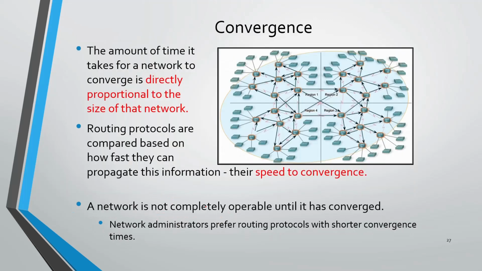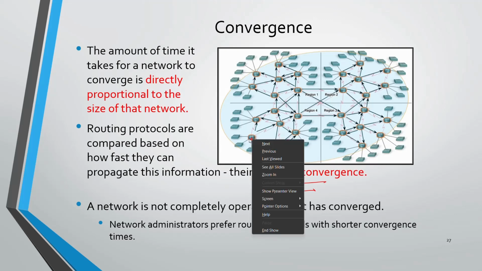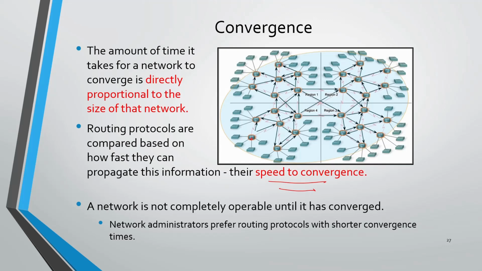So if your network is such that many routers are connected, a very large network, your speed of convergence will be very slow because it may take some time to propagate the information from here to here, right? So if I am here and this router has to know the information of this router, how many hops does it have to cross?